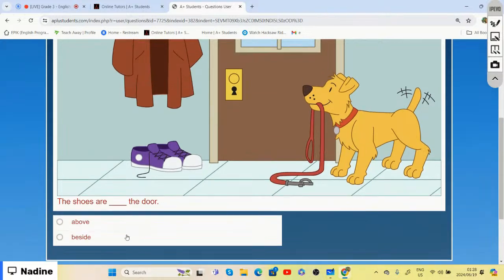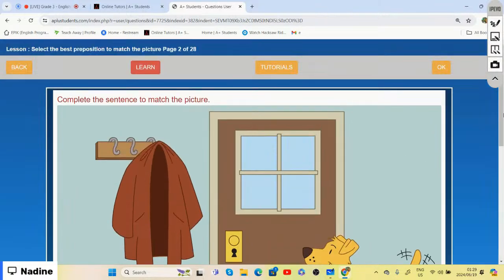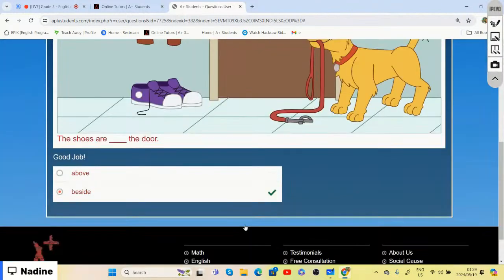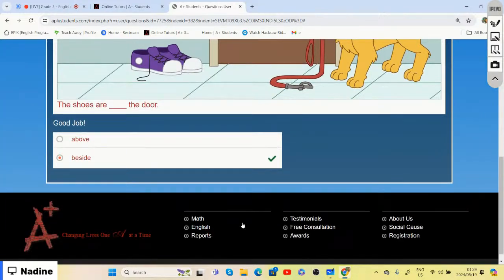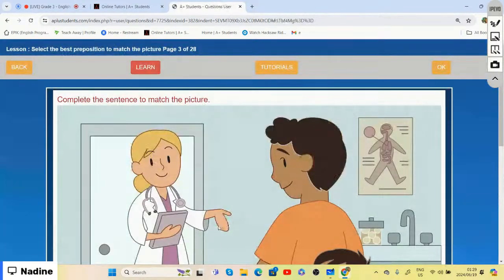So we need to say where the shoes are. The shoes are either above the door or beside the door. All right, then if we were to identify where the shoes are, we'll say beside because above means somewhere on top. So we would say that it is beside the door. So well done. Beside is correct.